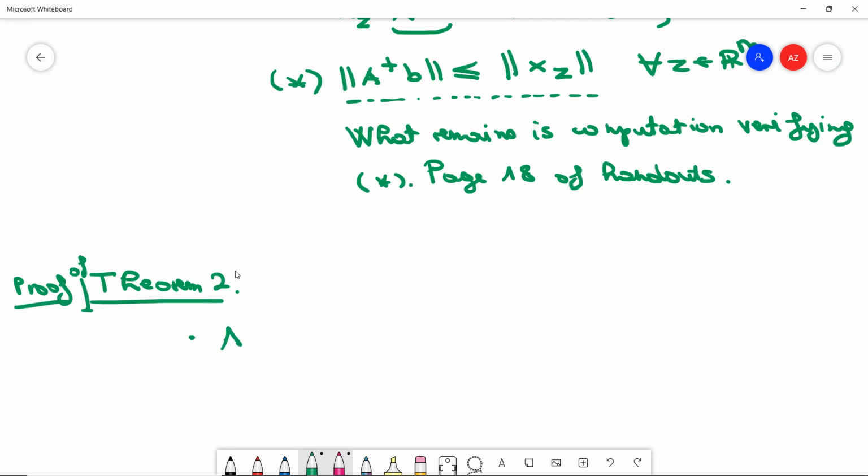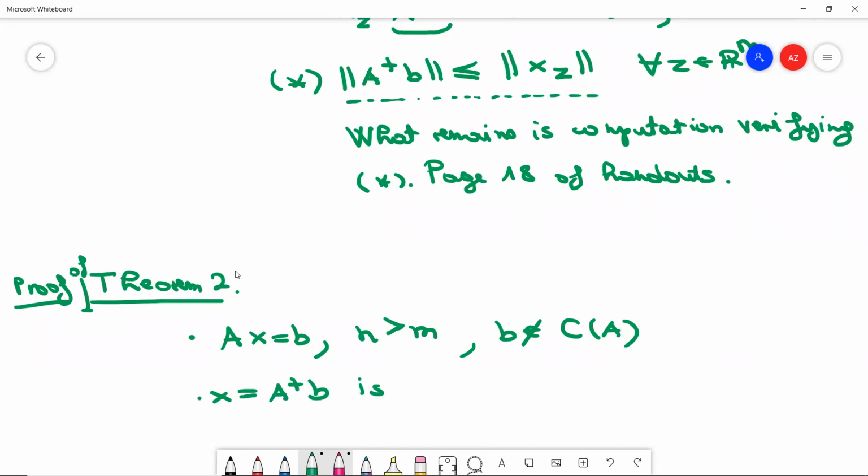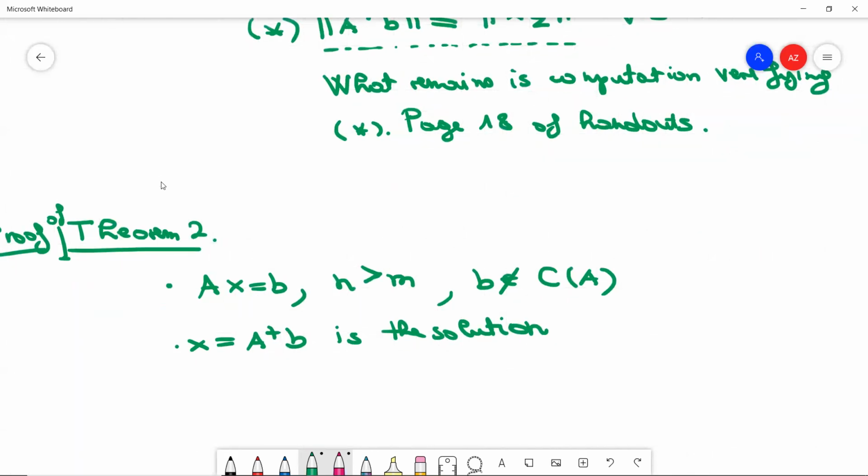In this theorem, we have AX is B, where N is bigger than M, and B is not in the column space of A. But we claim that X equal to A plus B is the solution which minimizes the sum of squares of the differences in the components.